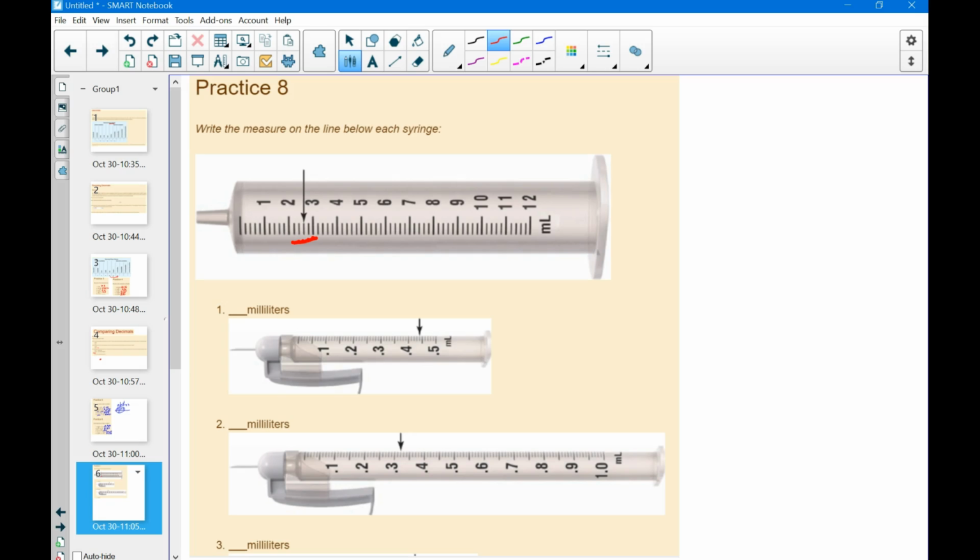Okay, let's look at it this way. I don't want to get too complicated with the math.